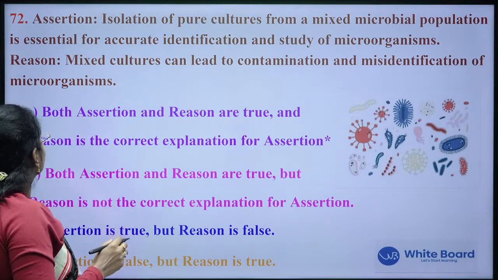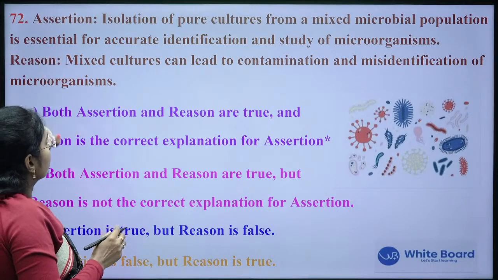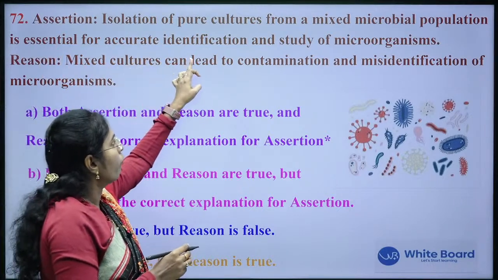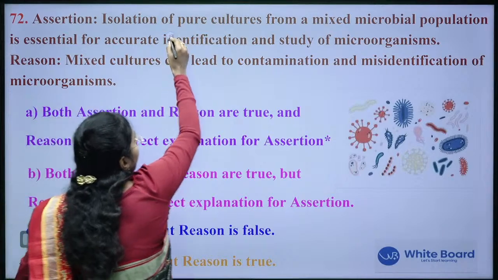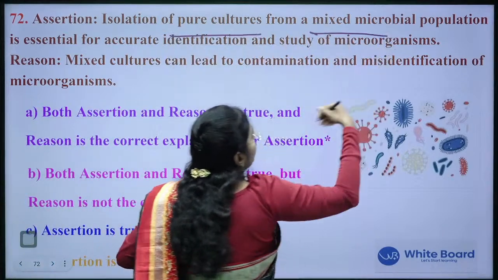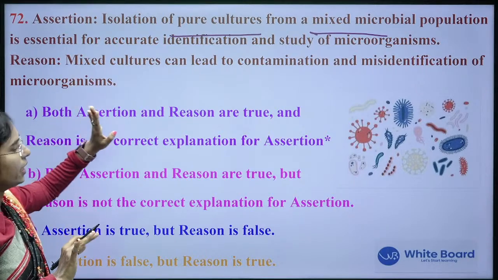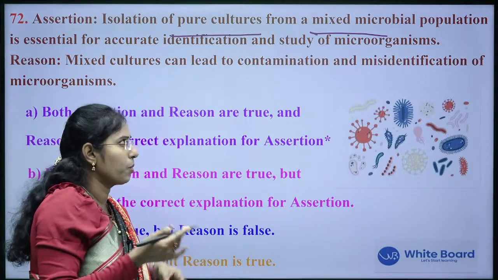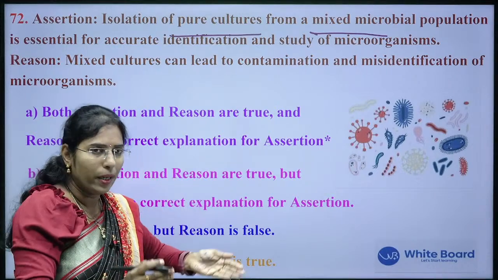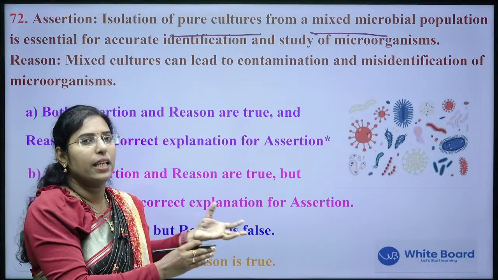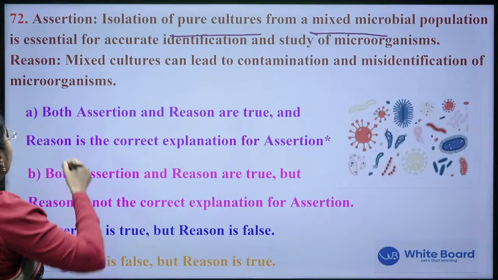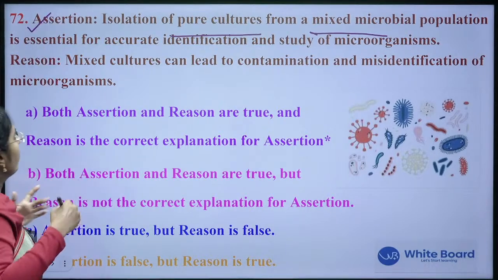Next, coming to the 72nd question, they have given assertion: isolation of pure cultures from mixed microbial population is essential for accurate identification and study of microorganisms. Anyway, if they are in combination and you separate them, then it will be very easy for us to study. So assertion is correct.